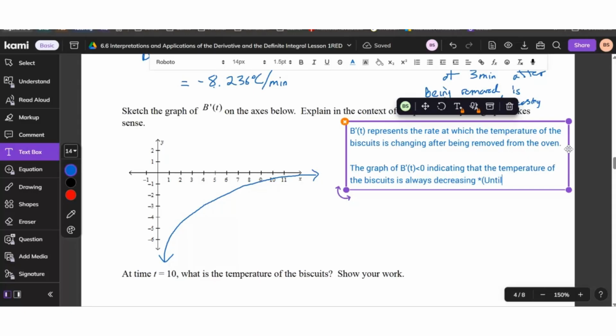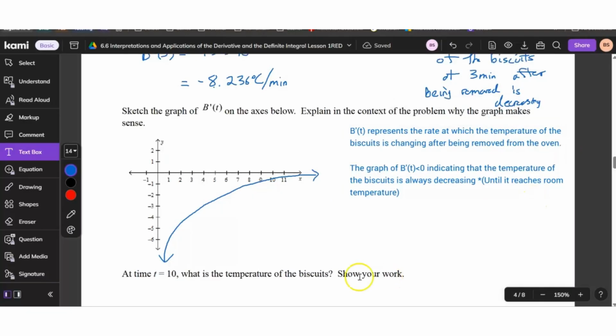Caveat here, until it reaches room temperature, which is why it's approaching zero, because eventually it will stop changing. The temperature will get closer and closer to changing 0 degrees, right?